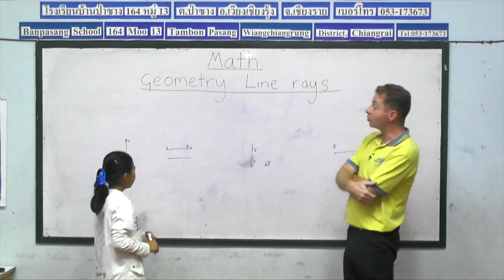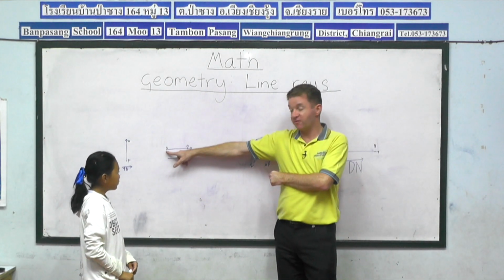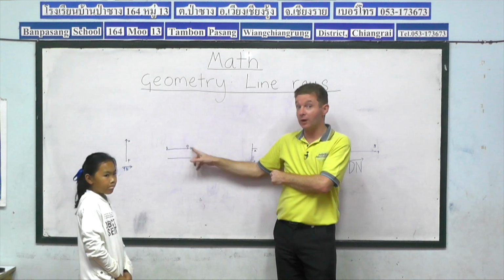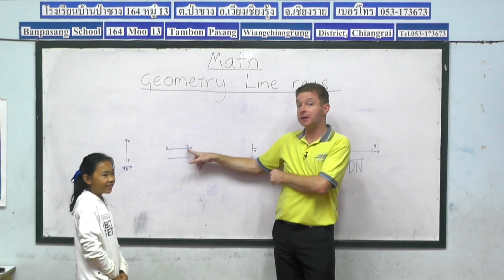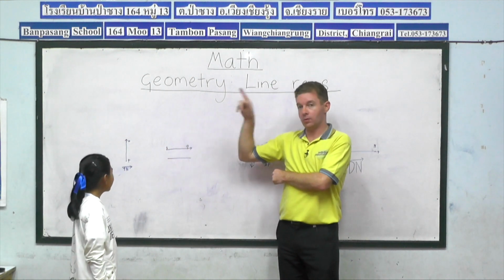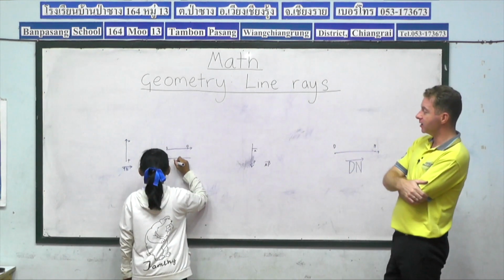So you've gone for G-O, because remember, this always has to be the first letter. The reference nearest the arrow is always second. It can't be O-G, it has to be G-O. So Nadia, show us how to draw your symbol for the line ray.